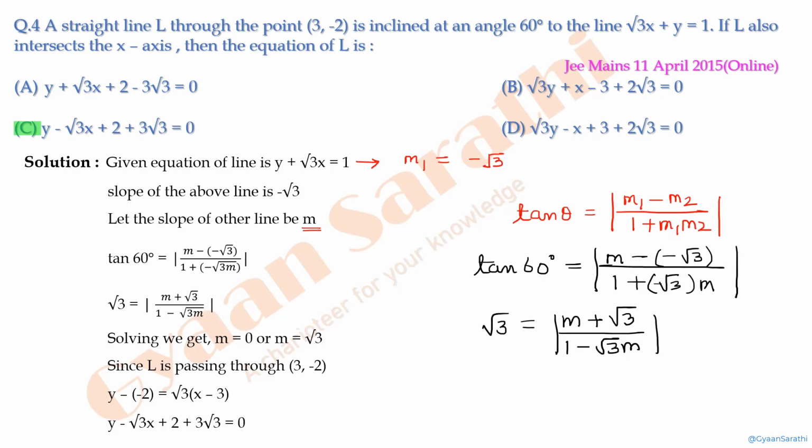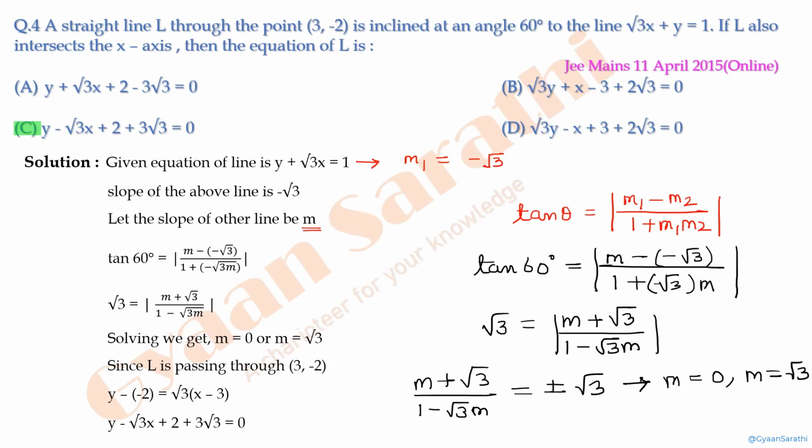Now when we remove modulus, we will be getting m plus root 3 upon 1 minus root 3 times m is equal to plus minus root 3. So now we'll solve once for positive root 3 and once for negative root 3, and from there we will be getting m to be 0 and m to be root 3.